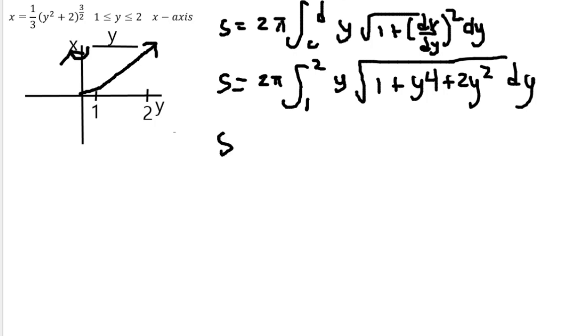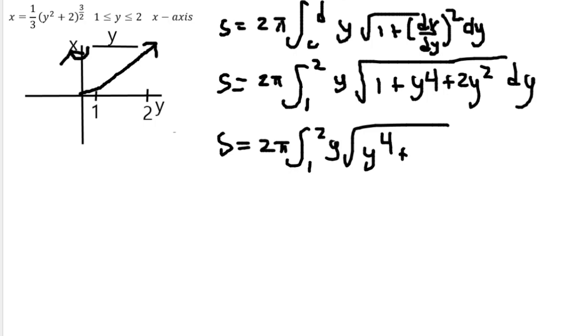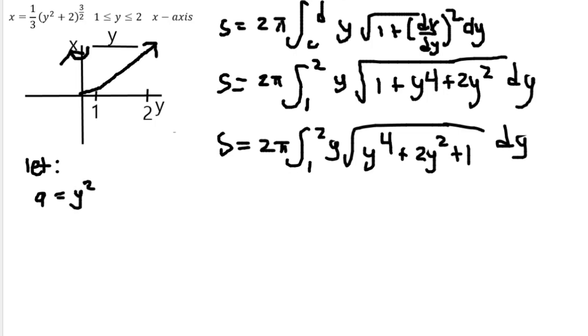Okay. Now we can simplify this furthermore. So we got 2 pi, the integral from 1 to 2 of y times the square root of y raised to the fourth plus 2y squared plus 1 dy. Then we can simplify the radical function. Let a equal y squared.